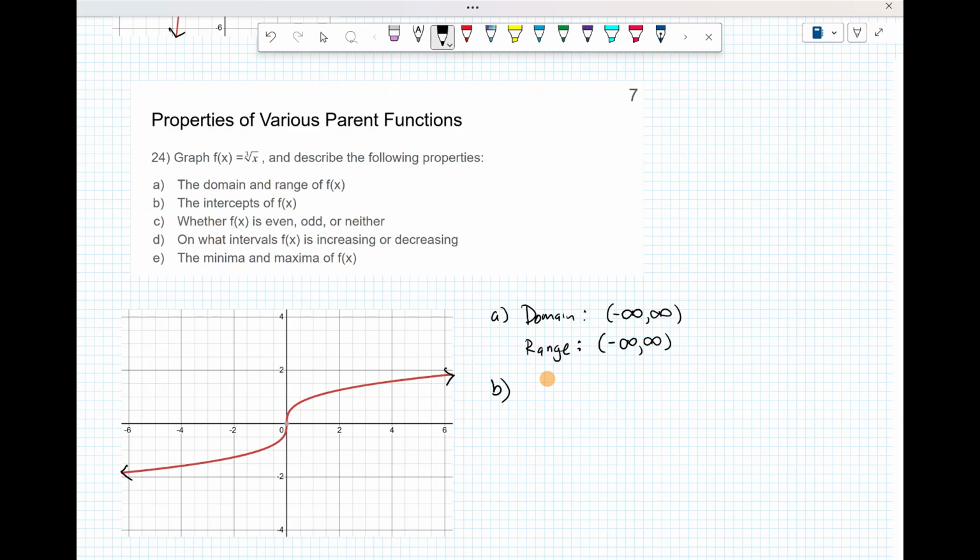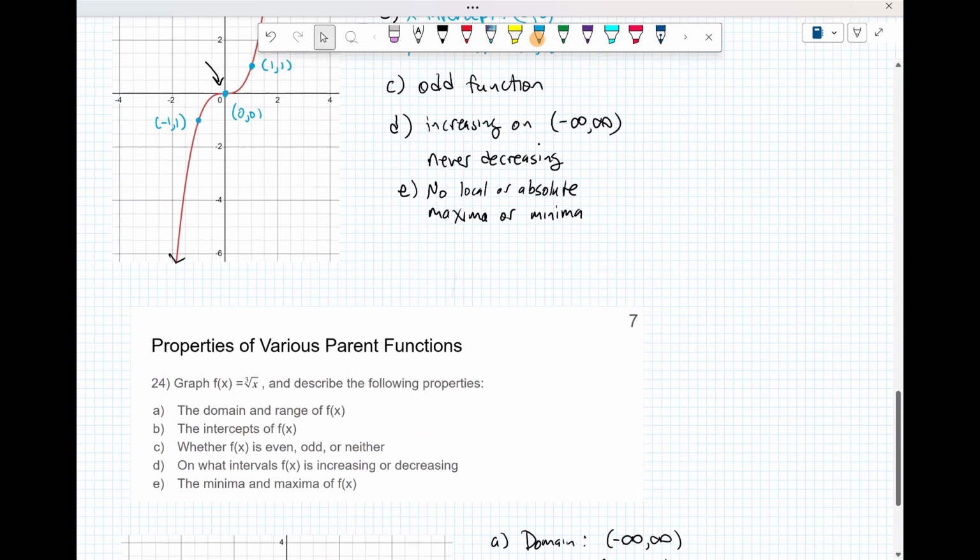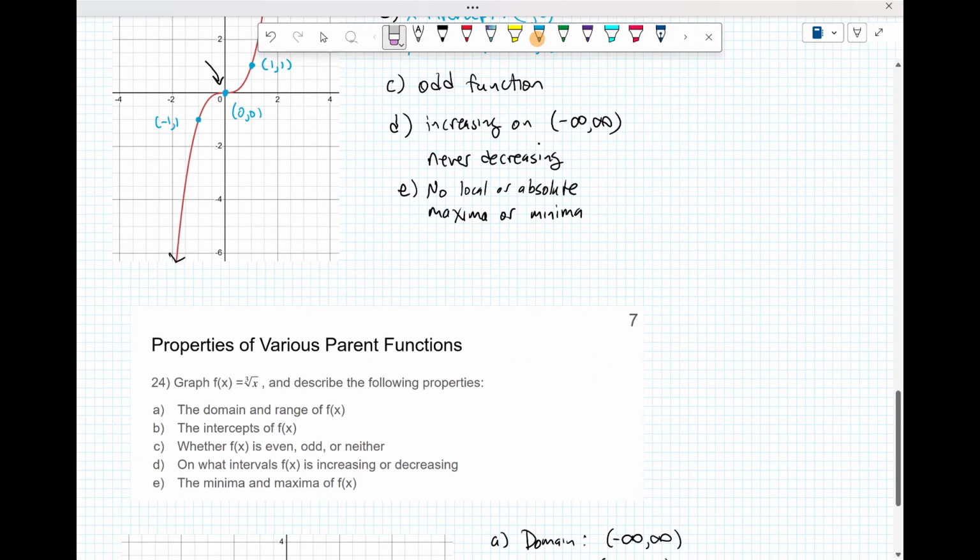My intercepts, again, will be here at 0, 0. And again, the important 3 points here are 0, 0, negative 1, negative 1, and 1, 1. By the way, I think I made a mistake up here. This was supposed to be negative 1, comma, negative 1 up here.